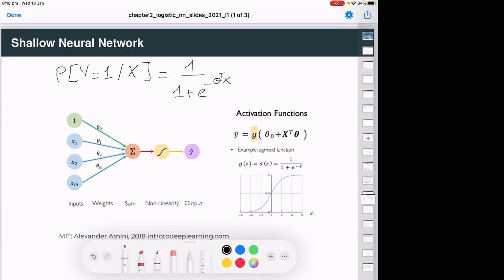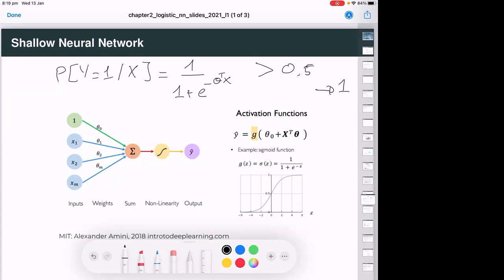Now I need to make my decision rule. I compare to 0.5. If it's greater than 0.5, I will say 1, and otherwise I will predict 0. Make sense? So is my decision boundary linear or not?